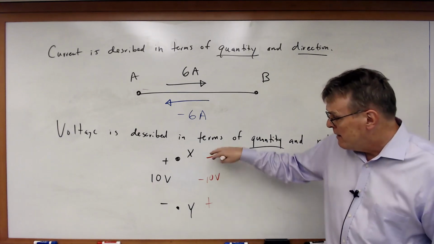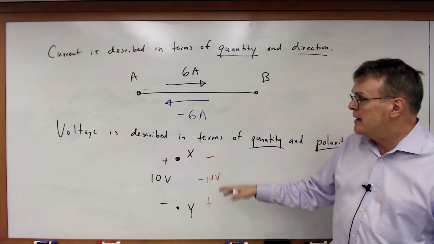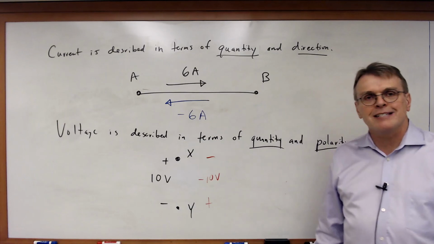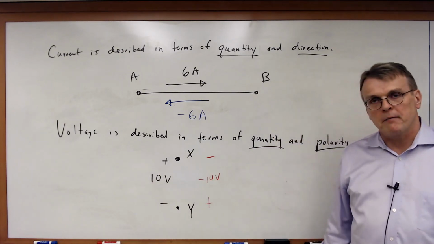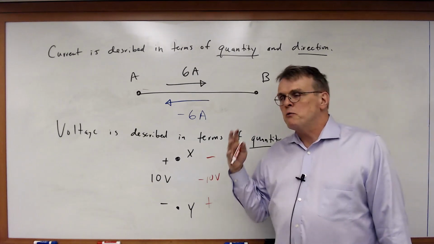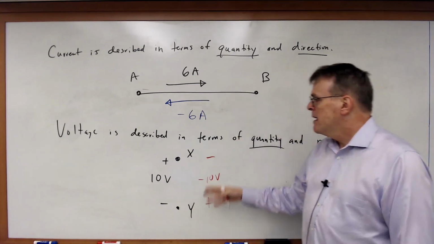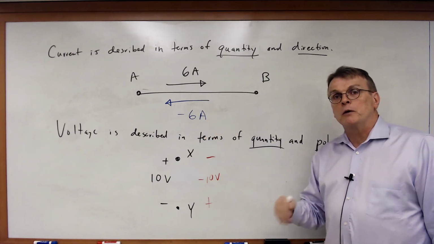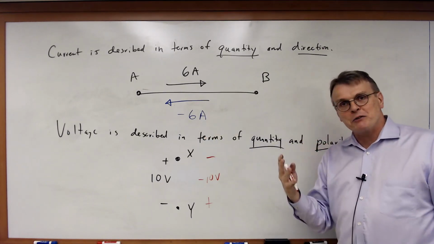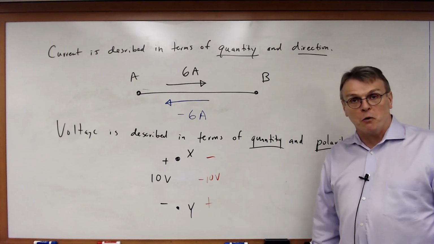And once again, flipping the polarity, changing the sign, flipping the direction, changing the sign, these are entirely equivalent. These are mathematically the same. And again, as you start to learn how to work these problems, this will become second nature to you. This is something you will have to learn how to do in order to understand your answers and how to analyze the circuits you're going to be working on.